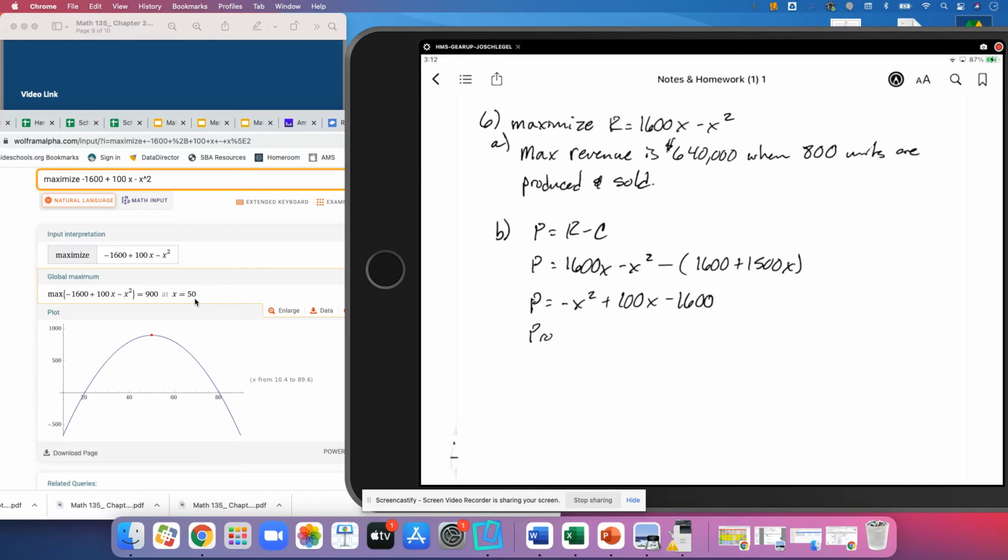So producing and selling 50 units maximizes profit at $900.